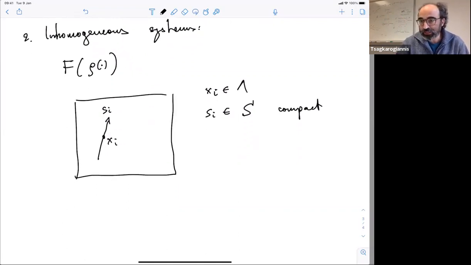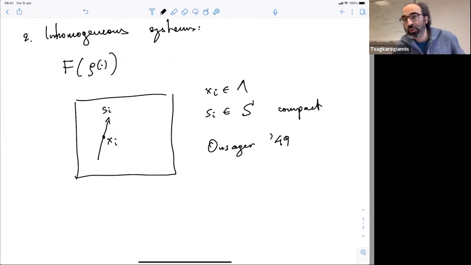And this is an old paper, if you want, by Onsager in 49, who went through exactly this program. And with the technology available by that time, he did an excellent work. And this work somehow comes and puts with a new knowledge what Onsager did by that time.